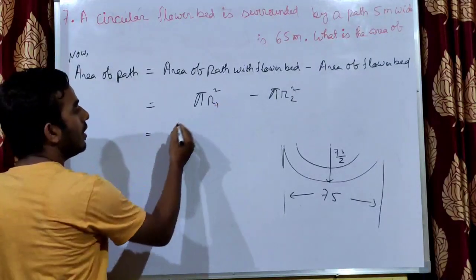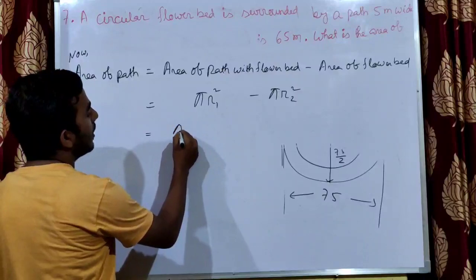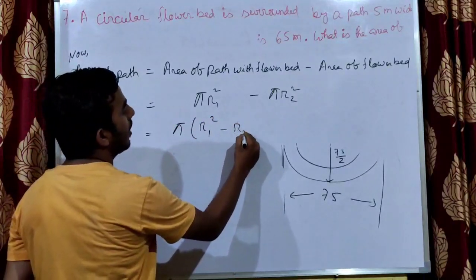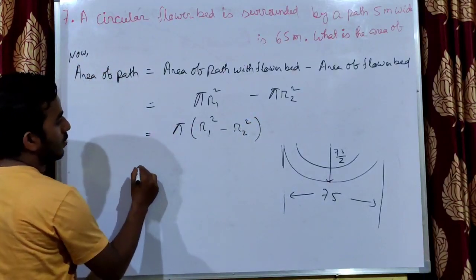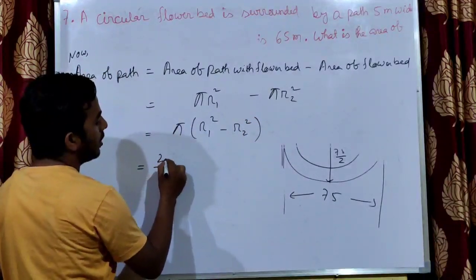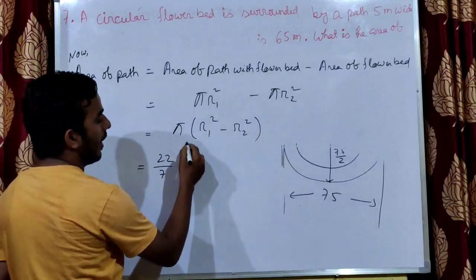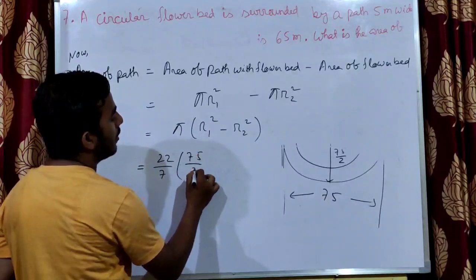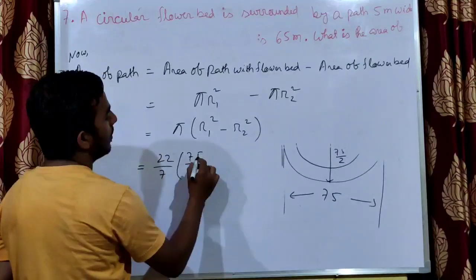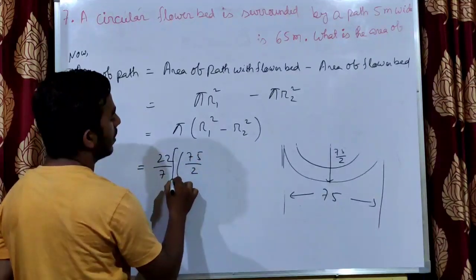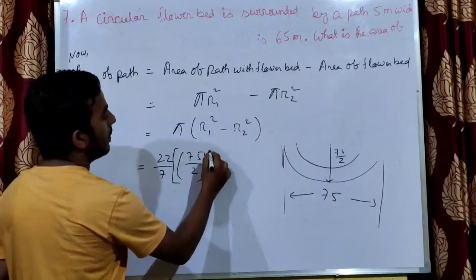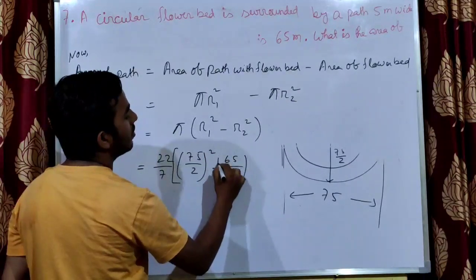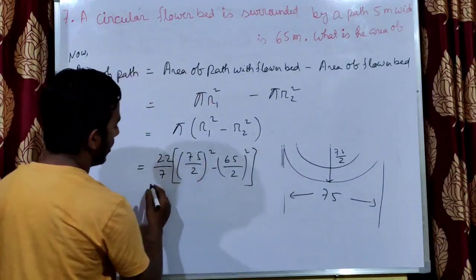If you take common pi, the equation will be like this, right? Pi into R1 square minus R2 square, right? So value of pi is 22 by 7 and now R1 is how much? R1 is 75 by 2 square. Give it third bracket. 75 by 2 square minus 65 by 2 square, right?